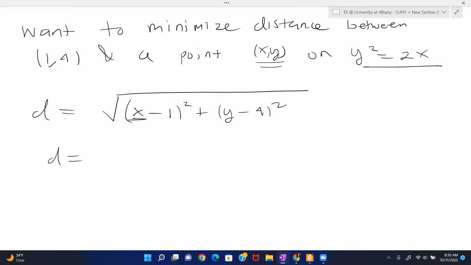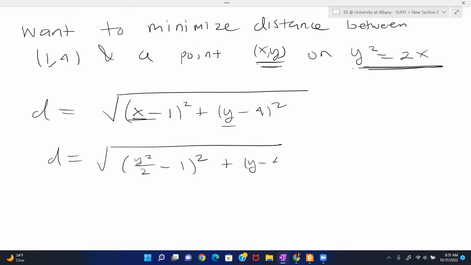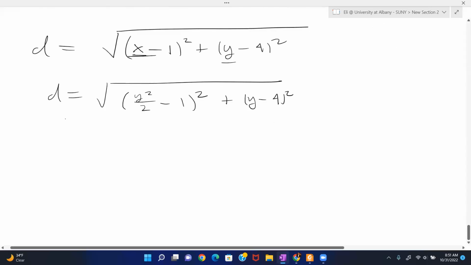But we can eliminate x because remember (x, y) is a point on the parabola, so x and y have to satisfy this equation. So d is the square root of (y squared over 2 minus 1) squared plus (y minus 4) squared. Now, this is going to get awful because you want to minimize this function right here.